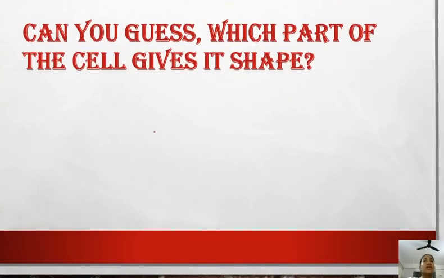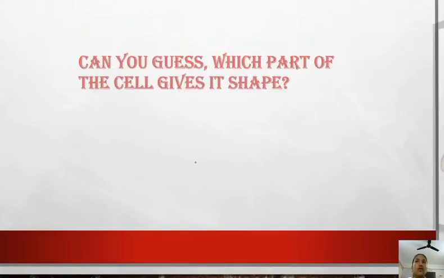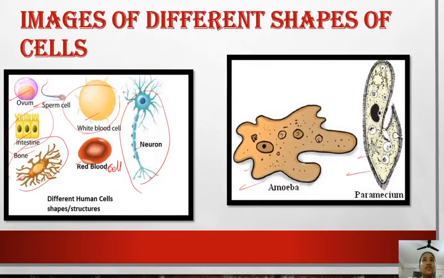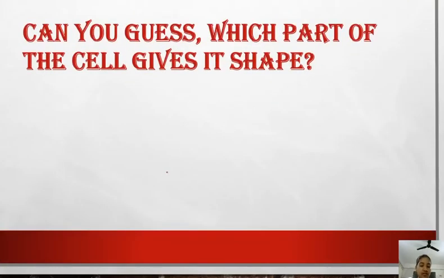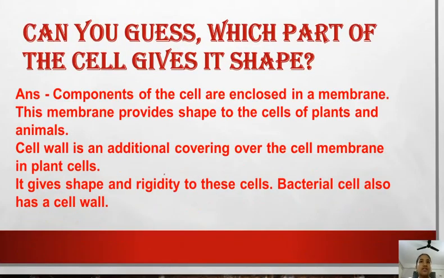Next thing. Can you guess which part of the cell gives its shape? Over here you noticed that different cells have different shapes, but which part gives it this shape? The answer: components of the cell are enclosed in a membrane. This membrane provides shape to the cells of plants and animals. Cell wall is an additional covering over the cell membrane in plant cells.